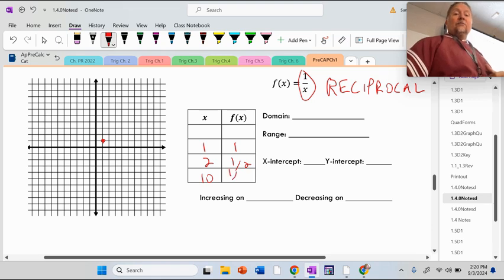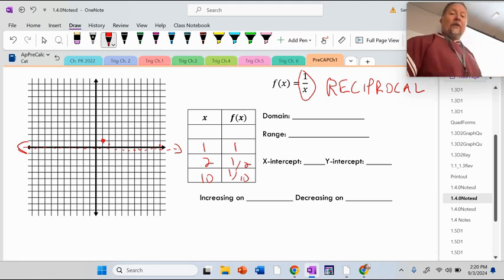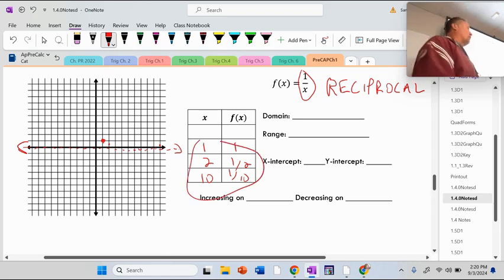1/10. Well, here's what we understand as humans. As I plug in big numbers, the output values are getting really small. So we create this imaginary boundary line. It doesn't exist there, but we don't want to have to keep plugging these in and showing this behavior. This is going to happen forever.